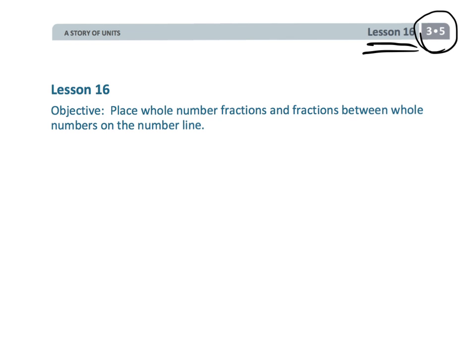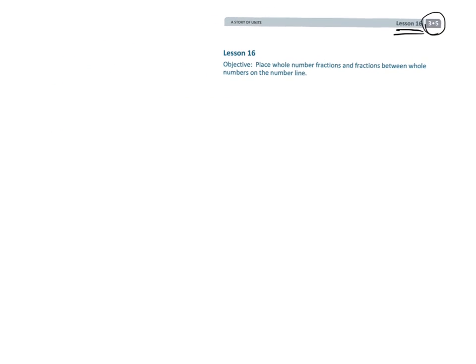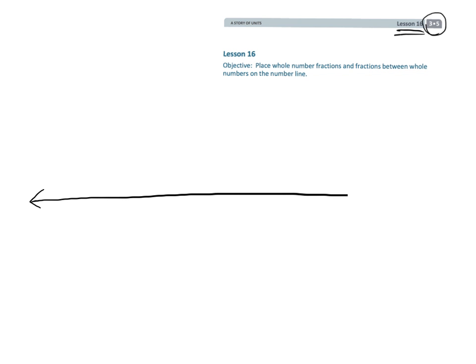So an example of what we're talking about, let's get this out of the way, is like if we were to consider starting at 0 and moving up to 1 and then 2 and then 3, and if we wanted to cut this into fourths, let's say. Okay, so I would cut this into fourths.